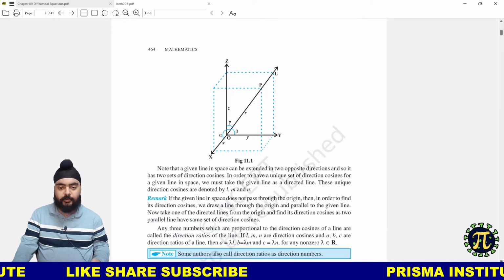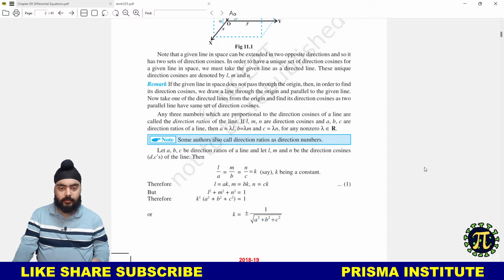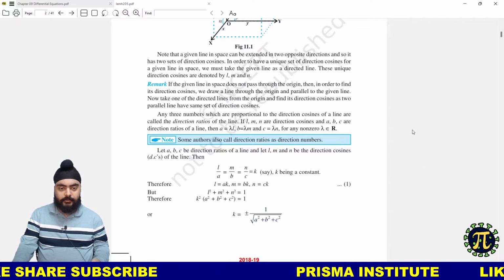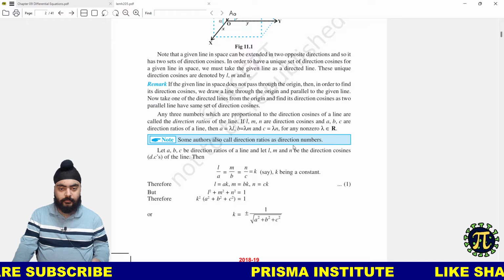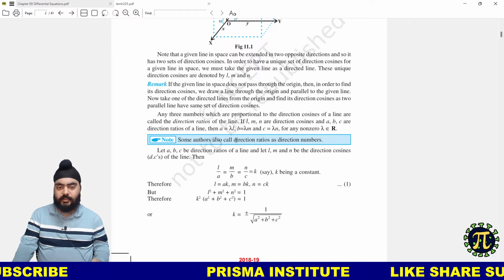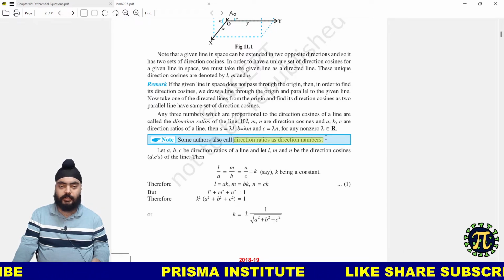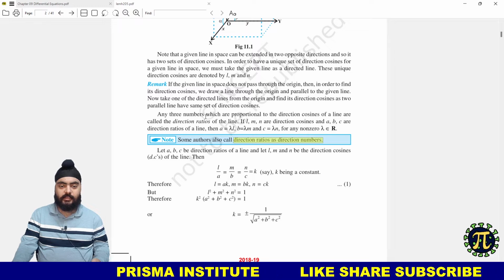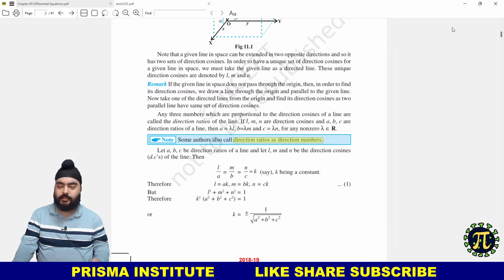So we have already looked into this diagram, and now direction ratios are also called direction numbers, and these are the three numbers which are proportional to direction cosines.